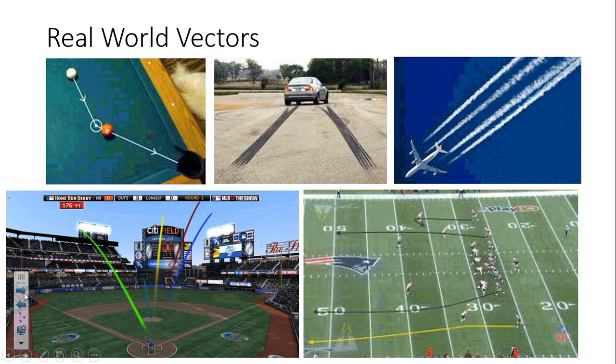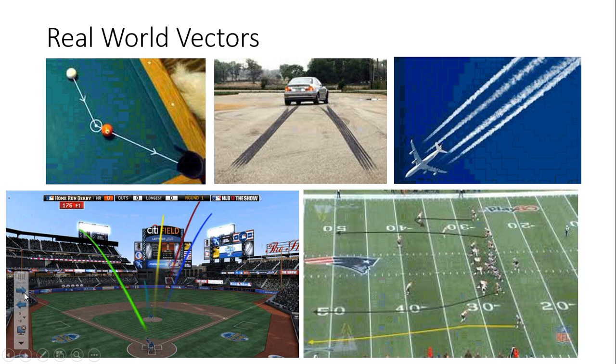These are vectors in real life. Vectors are nothing more than something telling you where something has moved. When you see the vapor trails of a jet, it tells you where that jet's been and the direction it's going. The tread marks of a peel out of some tires tell you where they started and where they ended up.